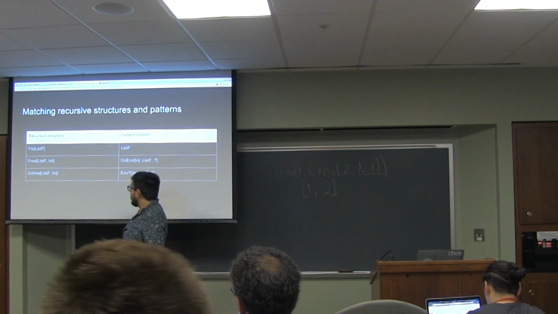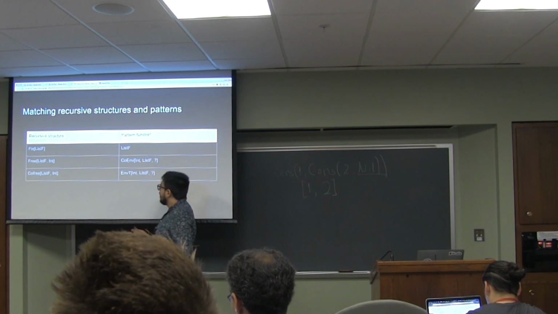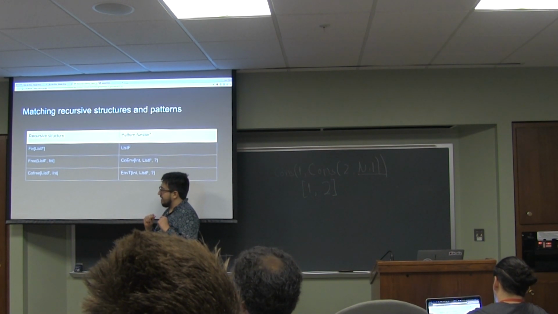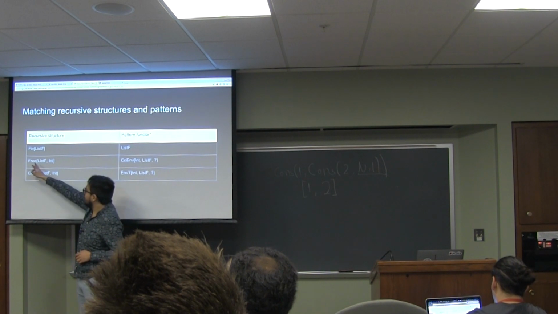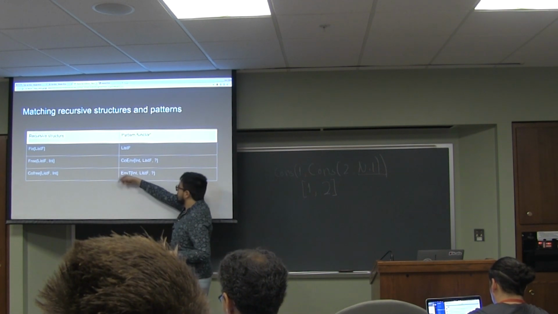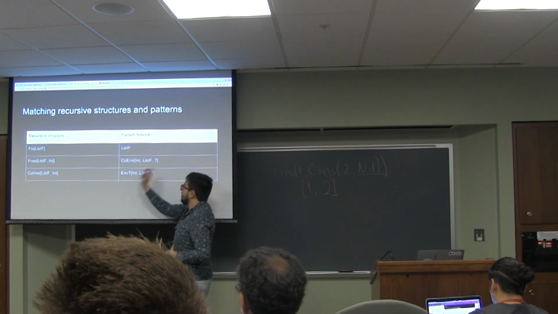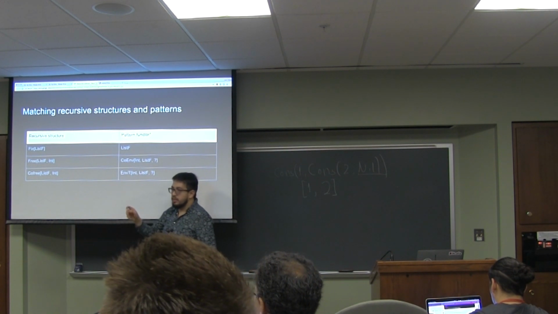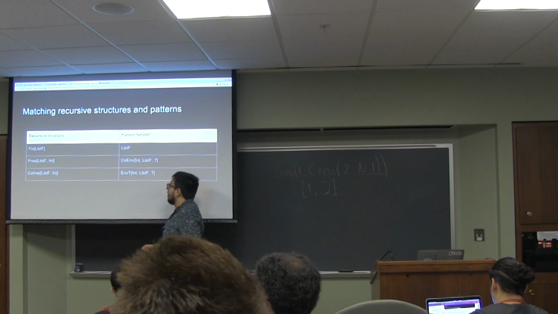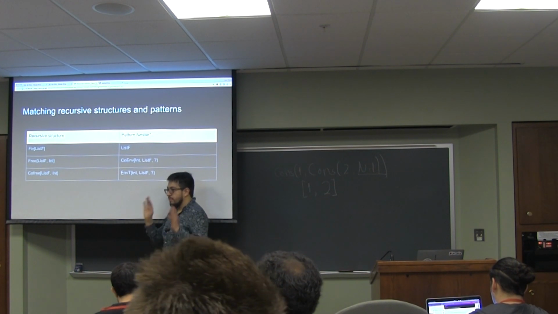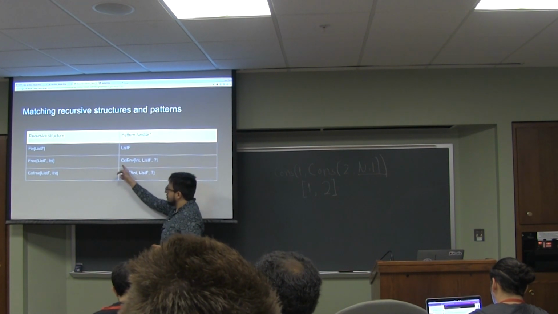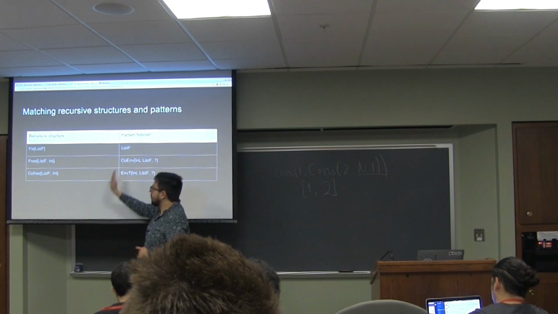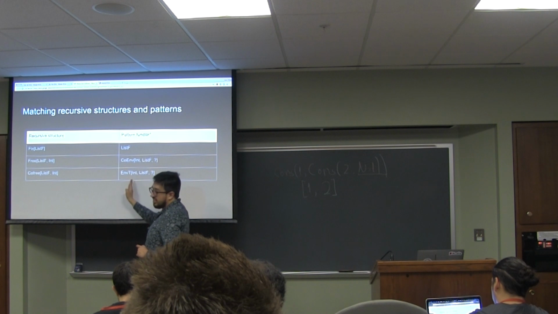So if you have a free list F int, its pattern functor will be coenv int list F. Don't pay much attention to coenv or why it is, it's a comonad. You just need to know that free has coenv as a pattern functor, and cofree has empty as a pattern functor.